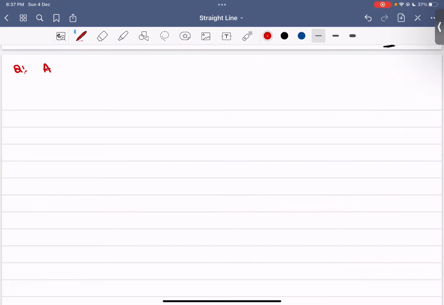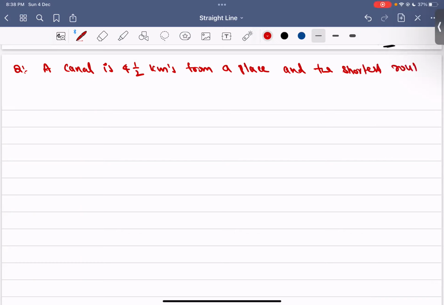A canal is 4.5 kilometers from a place, and the shortest route from this place to the canal is exactly northeast.